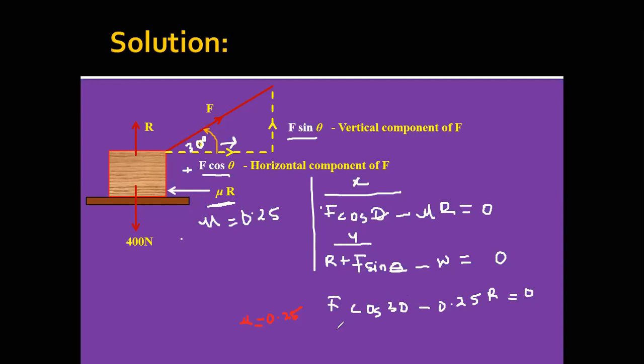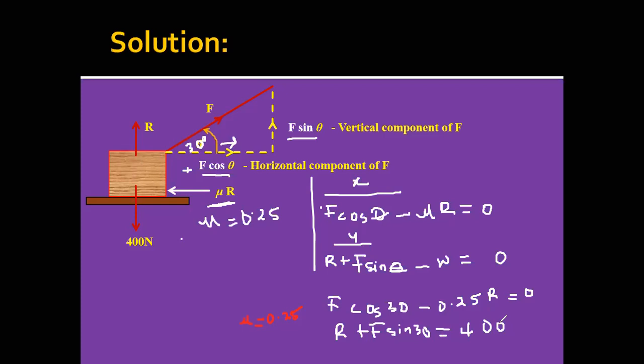And then we also have R plus F sine 30, moving W to the other side of the equation, equal to 400 Newton. So this suggests to us that we have two equations with two unknowns.